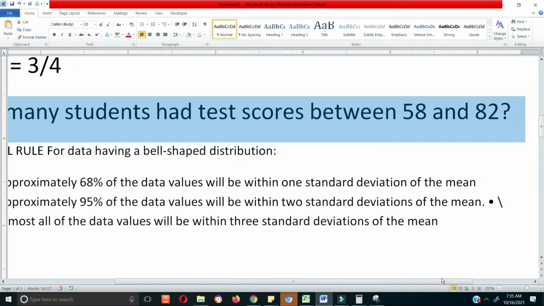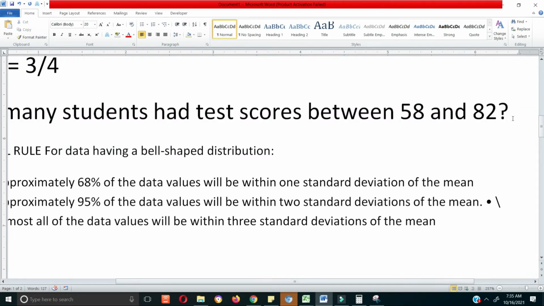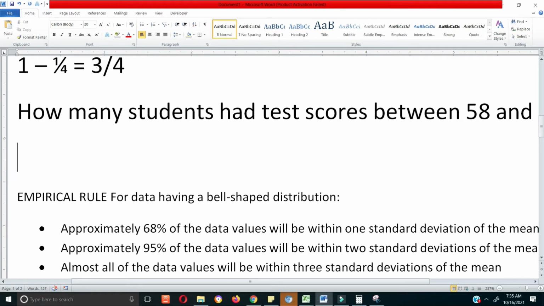The mean is 70. So 58 minus 70 is minus 12, right?